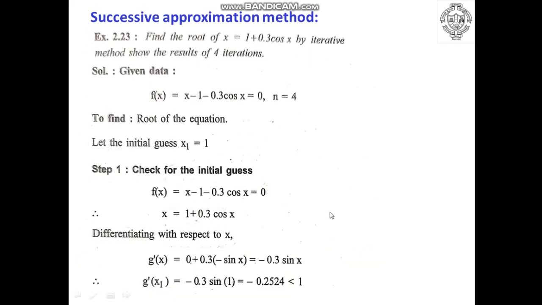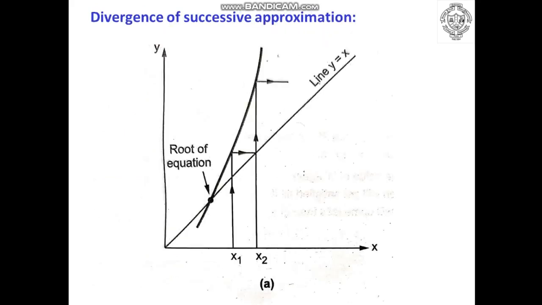Now let us try to solve the example using the successive approximation method. Before solving the numerical, let me explain the divergence of the successive approximation method using a graphical representation.